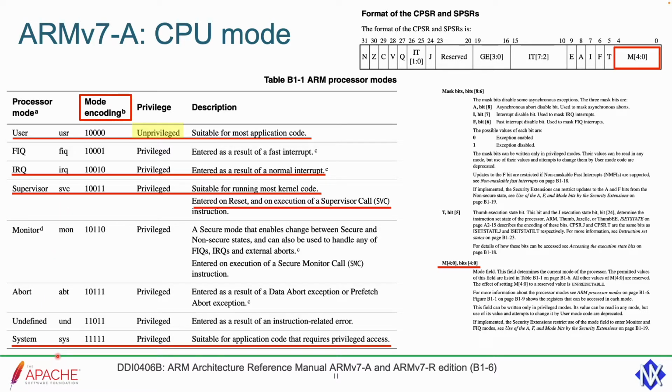If the processor is in user mode, it runs in unprivileged mode. In this mode, some instructions cannot be used. In the CPSR, the current program status register, there is a mode bit field, and you can find the current CPU mode in this register.